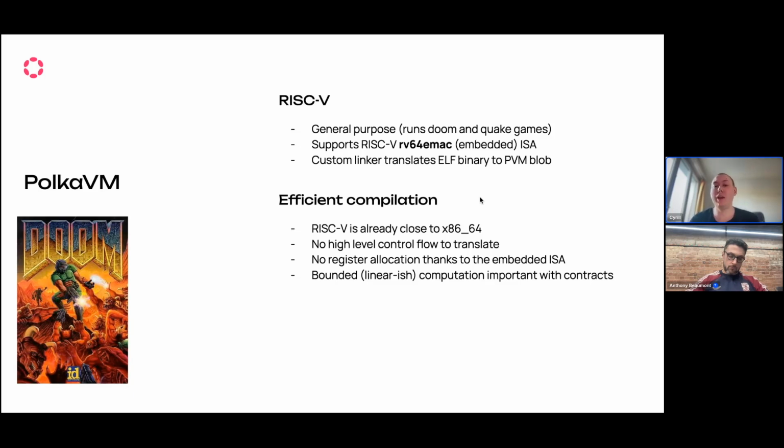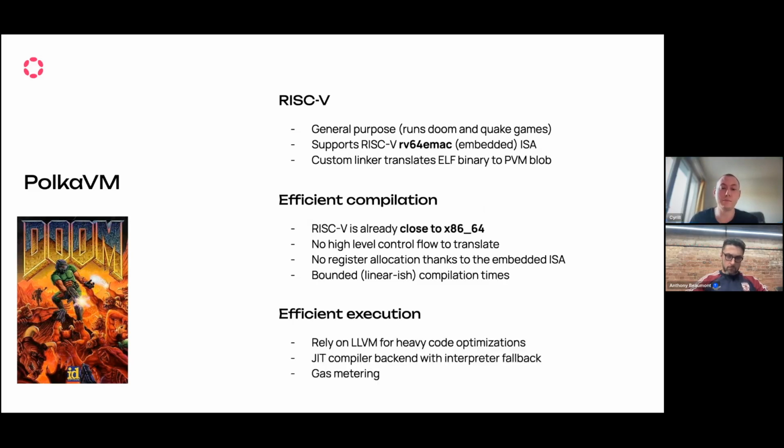So we have very efficient compilation, and the contracts we execute are very optimized and fast. And PolkaVM also has gas metering with a gas model suitable for contracts, which not all WebAssembly implementations have.